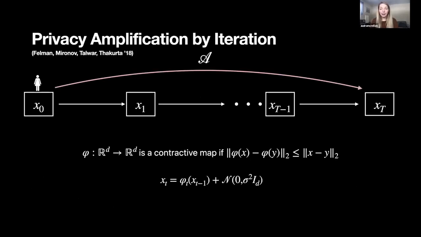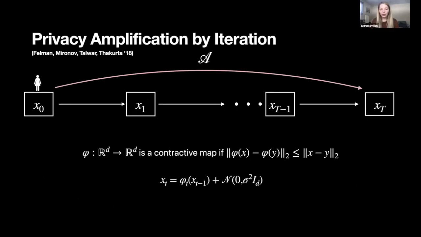It looks at a very specific type of post-processing. Imagine this X0 is my person's data. So we have Alice here again with her data. Her data is going to go through a bunch of steps, and each of these steps has a very specific form. I have a contractive map.